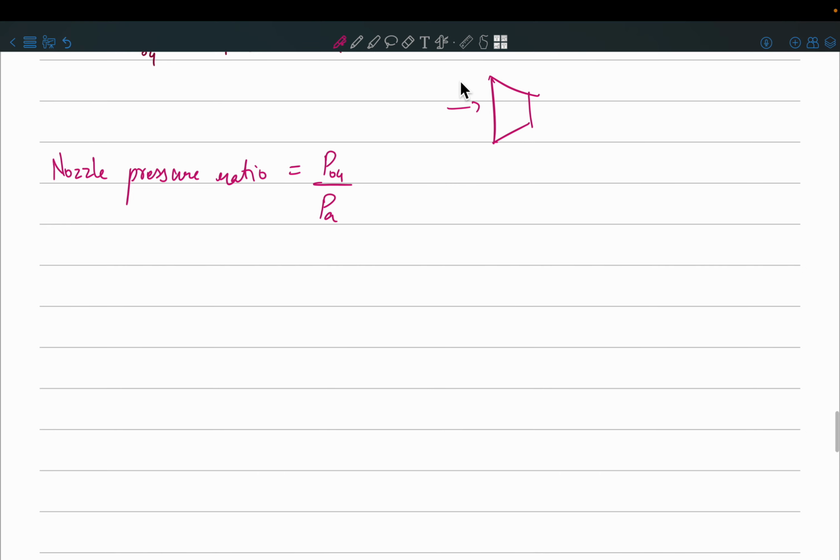So whatever is the inlet stagnation pressure is going to be the outlet stagnation pressure, right? So P naught 4 is basically equal to P naught 5. Okay, and ambient pressure is the actual pressure in the atmosphere, and ideally we expect that your turbojet engine should expand the air into the atmosphere, so the stagnation pressure should ideally be equal to the ambient pressure, right? So we expect this to be 1, but it may turn out to be more than or less than 1.